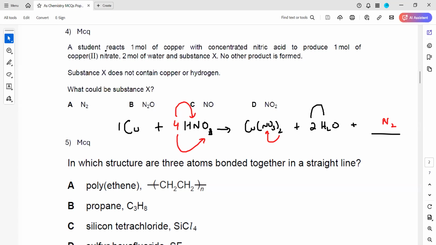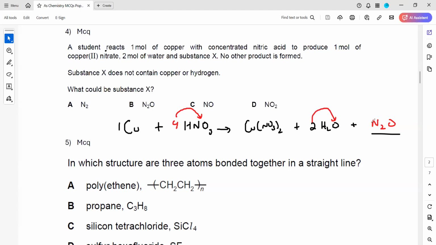When we check with N2O, this is 4 here and let's say the substance was N2O. Nitrogen is already balanced, hydrogen and copper are balanced. What about oxygen? 4 multiplied by 3, 12. And this is 3 multiplied by 2, 6, 7, 8.